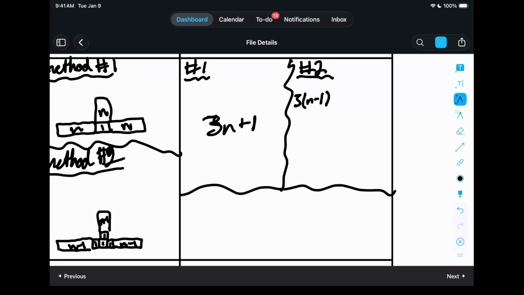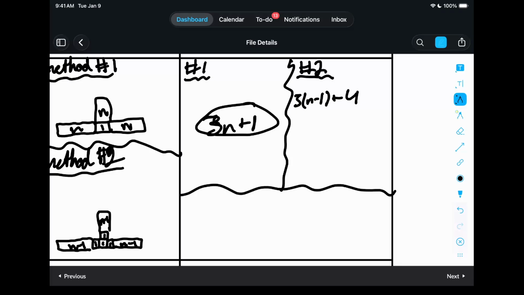So we have 3 n minus 1s, plus we have 4 1s, which is just 4. So right now our expressions are looking a little different. This one is simplified. This one is not. So we have 3 times the quantity of n minus 1 plus 4.